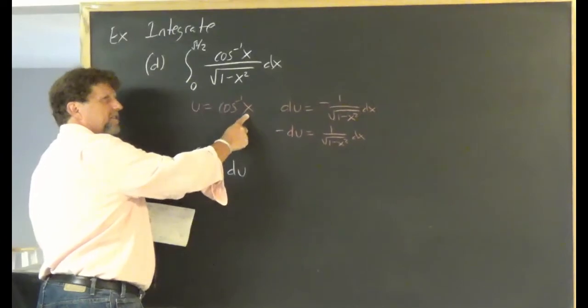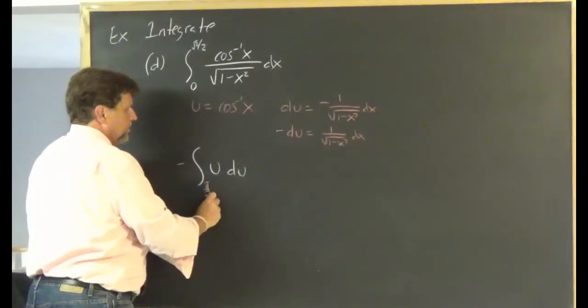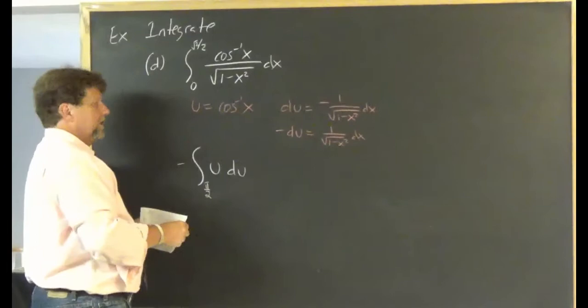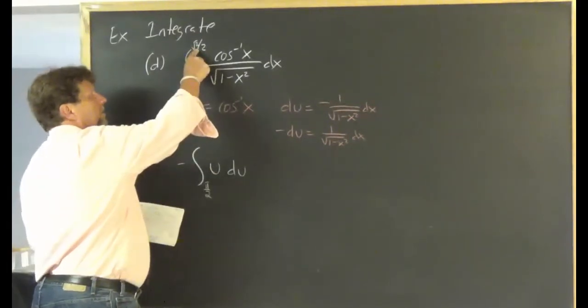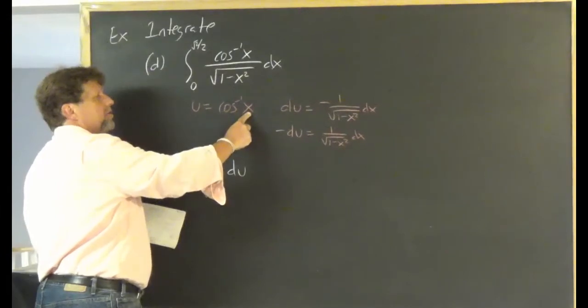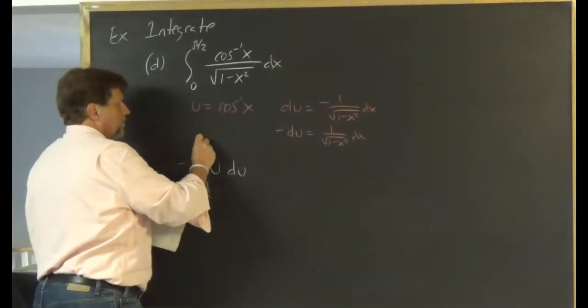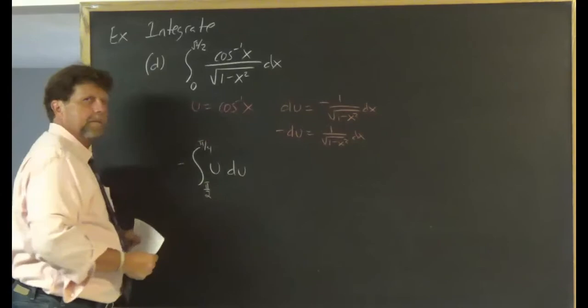Inverse cosine of 0 is pi over 2, because the cosine of pi over 2 is 0. This is x equals square root 2 over 2, so put square root 2 over 2 in for x. Inverse cosine of square root 2 over 2 is pi over 4.